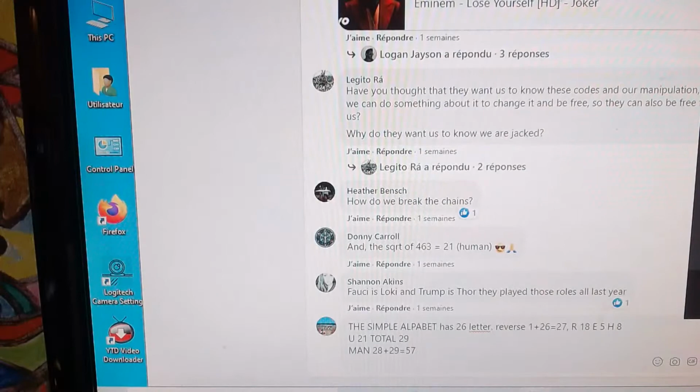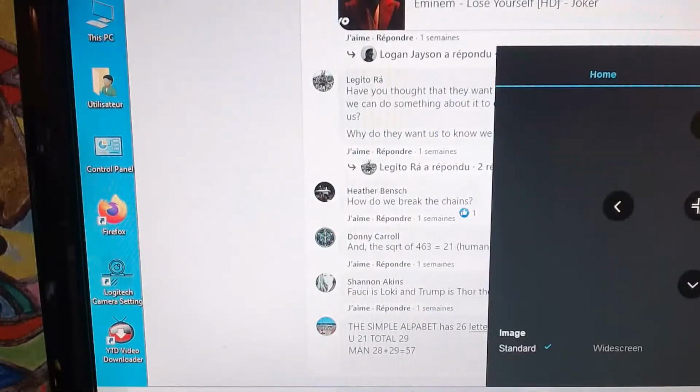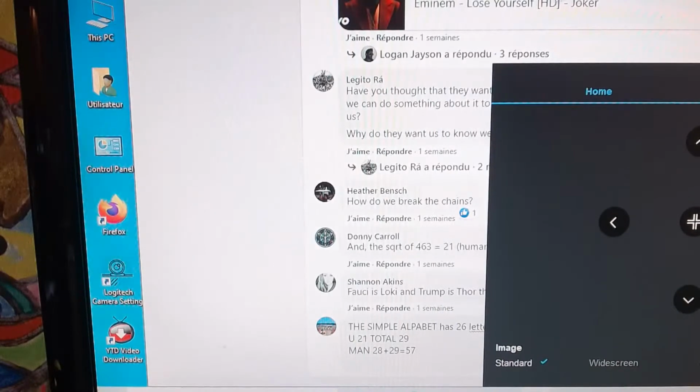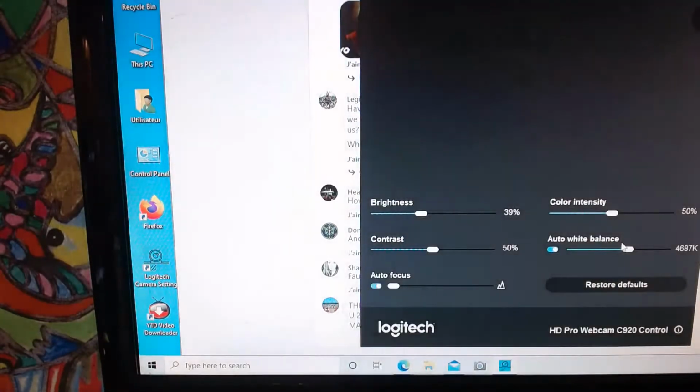How can I focus? I don't know if it's focusing. Oh, that's not what I want to see. No, it seems to not be working. Brightness. Let me see. Add white, autofocus. Okay, let me see if I can focus me. Give me a second. White balance, color intensity. Maybe that'll help a little bit.